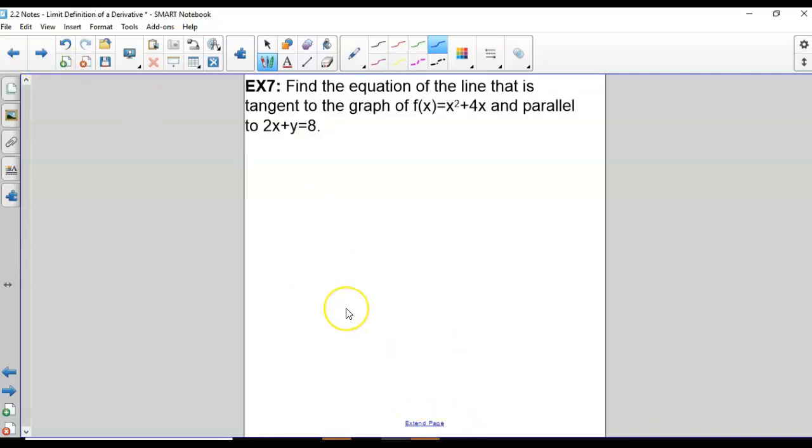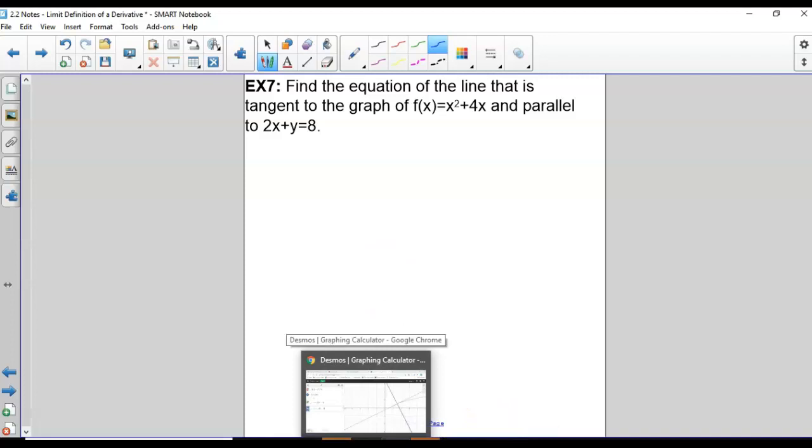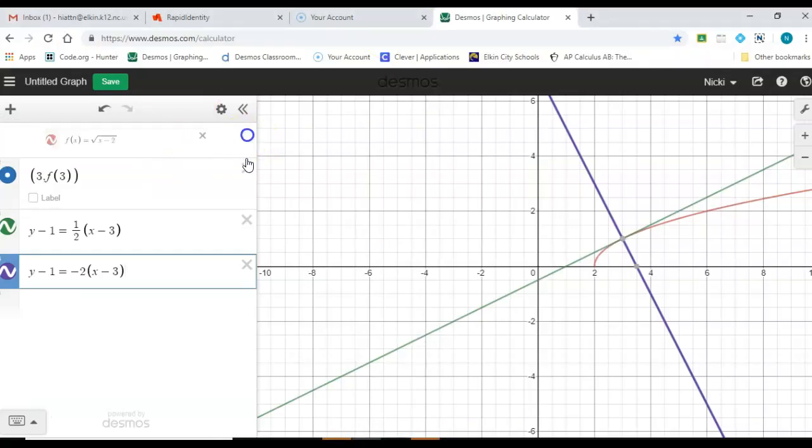Alright, we got one more. Okay. So this one requires quite a bit of thinking here. So I'm just going to graph what they've given us. So x squared plus 4x.